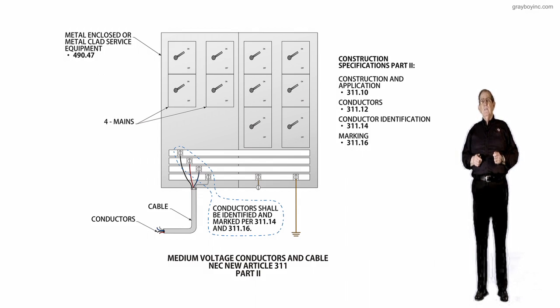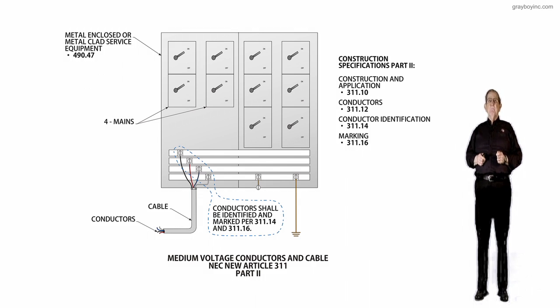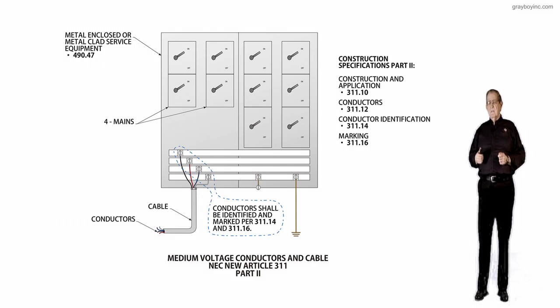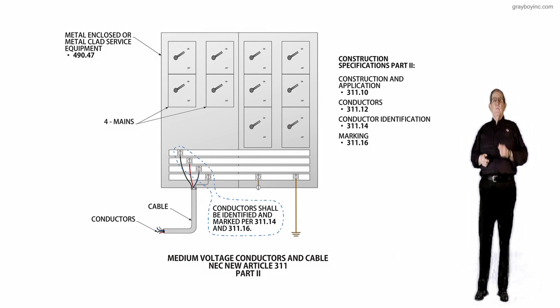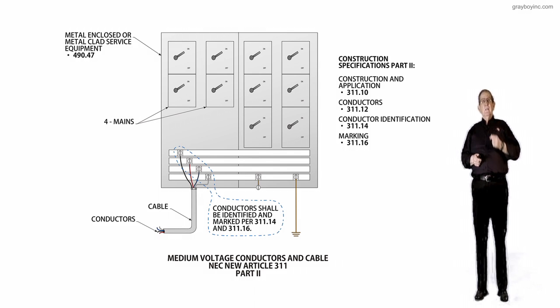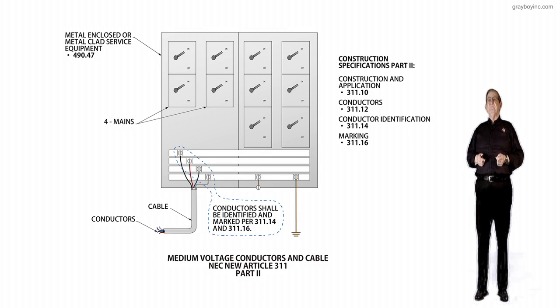First of all, I would like to review the information that's to the left of the equipment that you see. And notice you have a metal enclosed or metal clad service type equipment in accordance with 490.47.